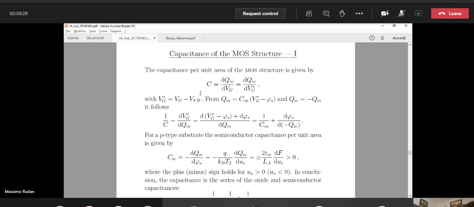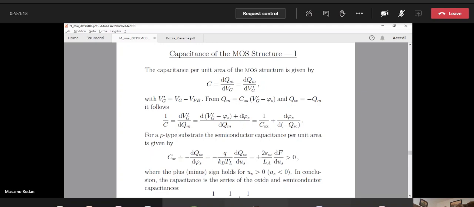So we calculate the inverse of C. So we calculate, as you see on the second line, dVg prime over Qm, okay? We simply adjust the numerator: we add d phi s and we subtract d phi s, okay? And then we remember that Qm can be expressed as Cox times Vg prime minus phi s. So the first part of this fraction is simply 1 over Cox, okay?